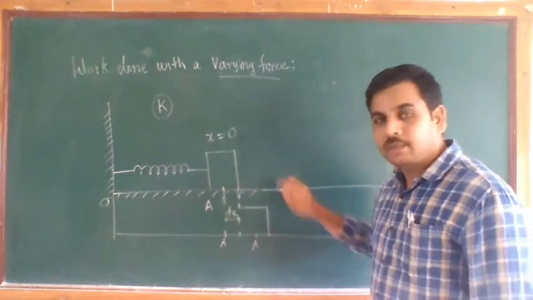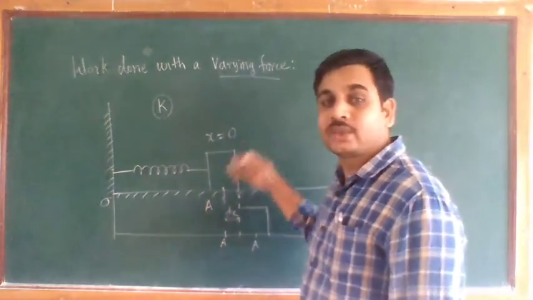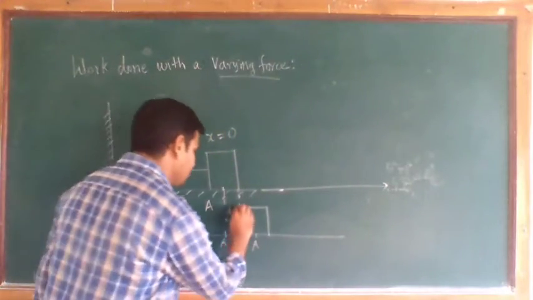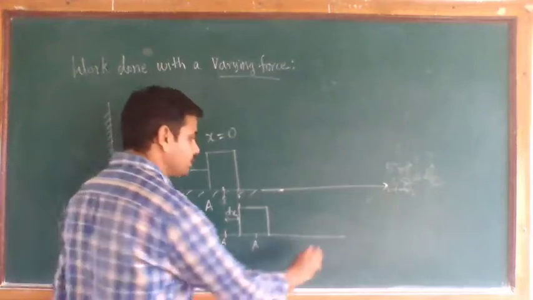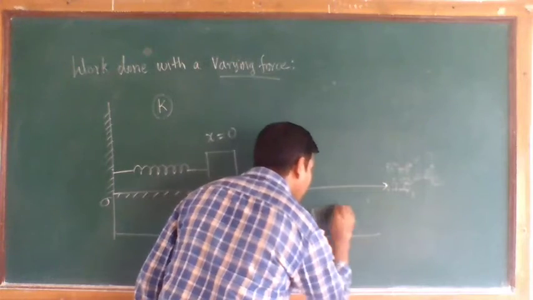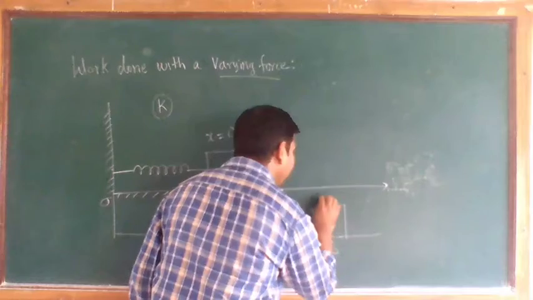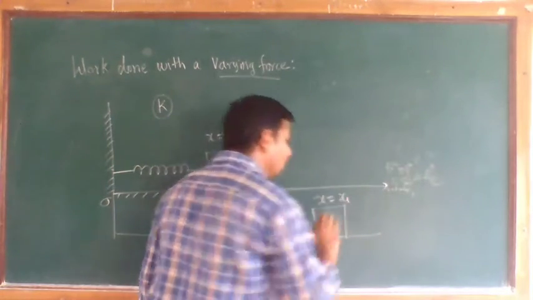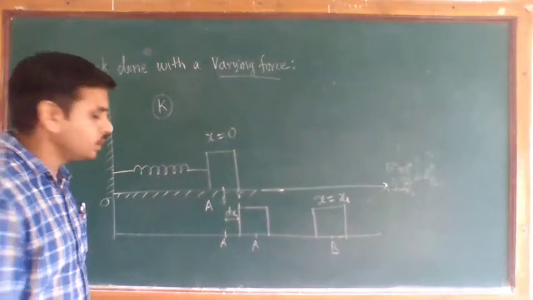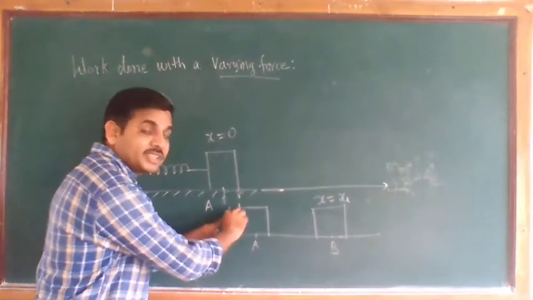If you keep applying the force, the block moves from x equal to 0 to the point x equal to x1, which is position B. In the same manner, in the first condition, when we apply a small force, the block is displaced by the distance dx.